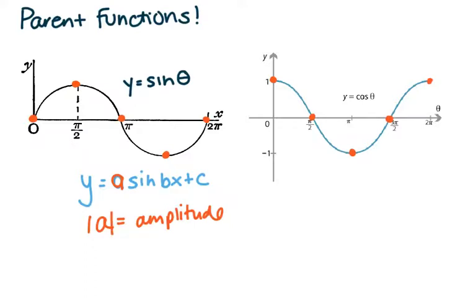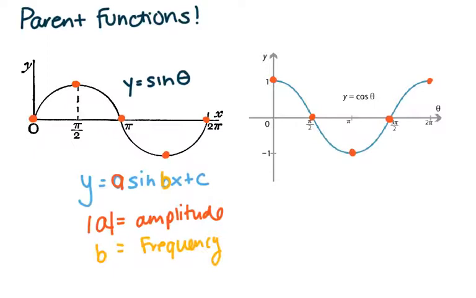If we take a look at our b value of our function, the b value is equal to the frequency and will tell us how many curves are completed between 0 and 2 pi. That's the general interval that we're using for that frequency, from 0 to 2 pi.